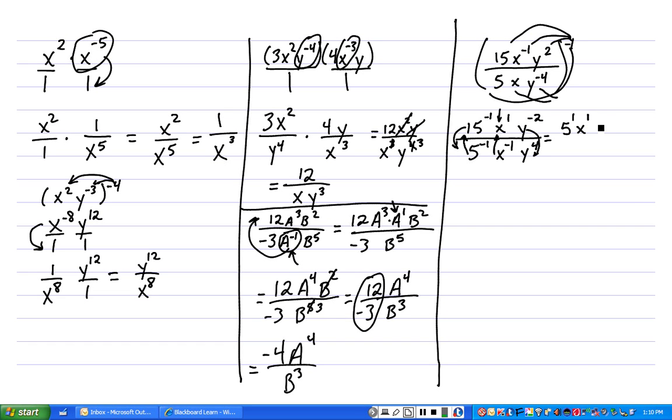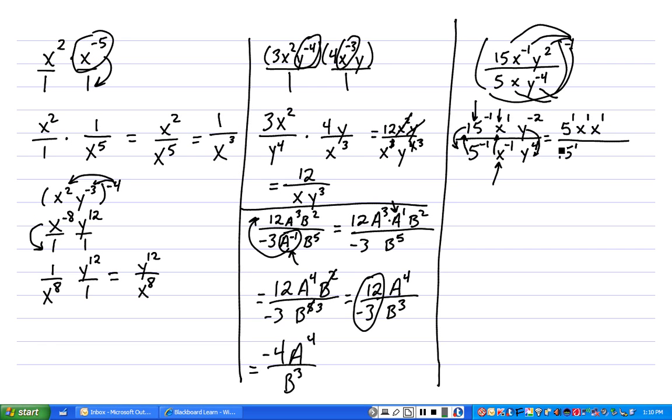Then I have another x to the first, which is this one that I just moved up. Now in the denominator I have 15 to the positive first, because I moved this one down.